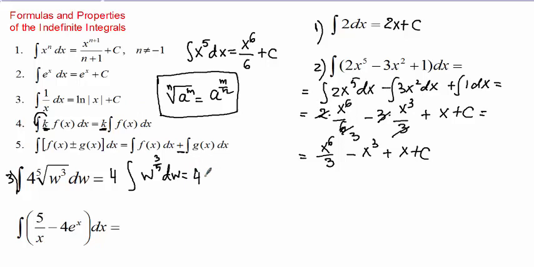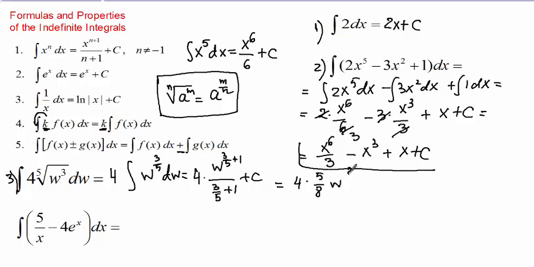So 4 times w to the power 3 over 5 plus 1, over 3 over 5 plus 1, plus constant c, equals 4 times, here I get 8 over 5 and reversed is 5 over 8, w to the power 8 over 5 plus c. Simplifying, I get 5 over 2 w to the power 8 over 5 plus c.